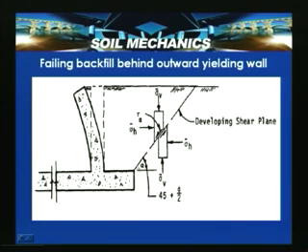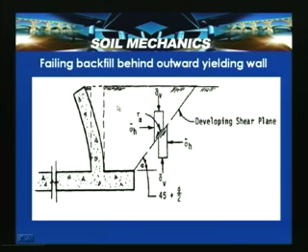A plane which passes through the heel of the wall satisfies the Rankine conditions. Along this it mobilizes the failure shear stresses, and then along this it develops a shear plane.